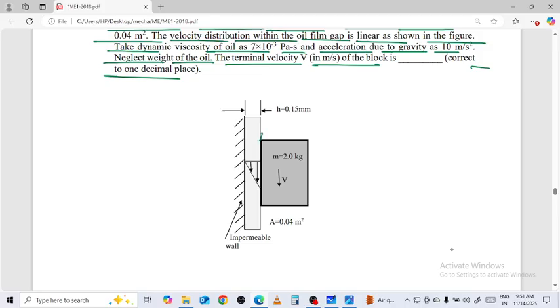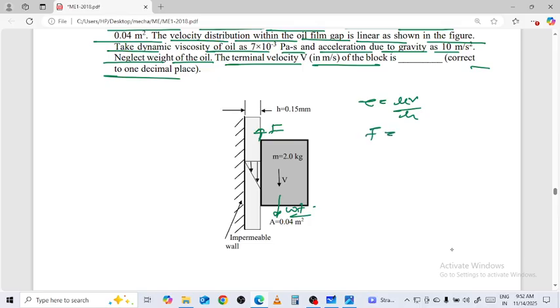If we look here, the force acting on the side is the weight on the downward direction, right? Here the shear stress is mu dv by dy, so mu v by h, right?